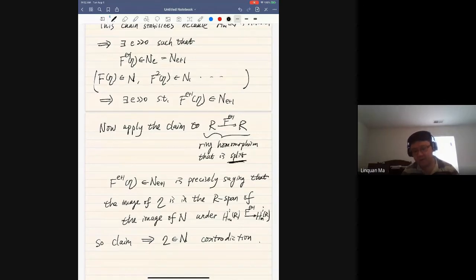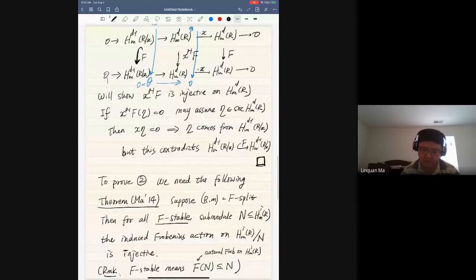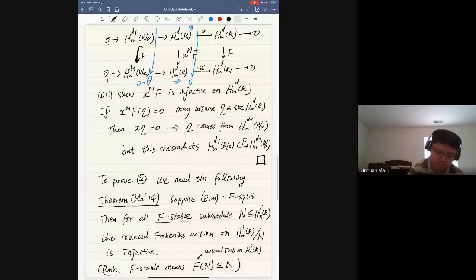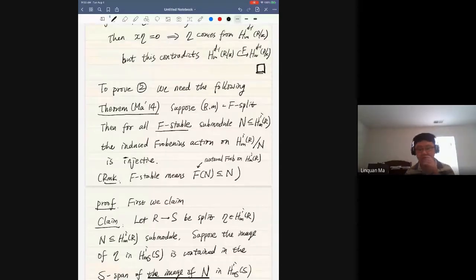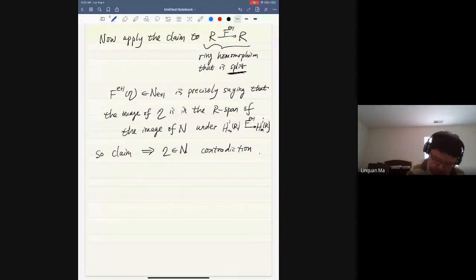That's the proof that if R is F split, then for any F stable submodule, the induced natural Frobenius action on HMIR quotient by this F stable submodule is injective. Now finally let me prove part 2 of the theorem.